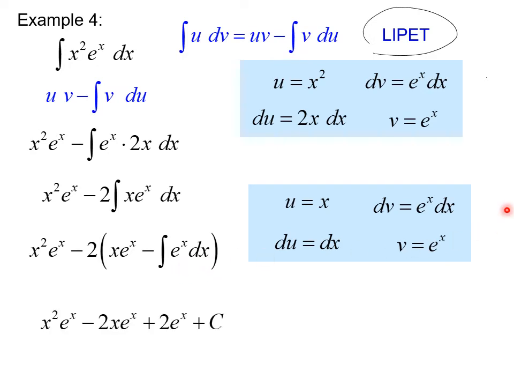So the final answer will be x squared e^x minus 2x e^x plus 2e^x plus c. You can choose e^x as a common factor and write it again, if you want to make a simplification of this final answer.